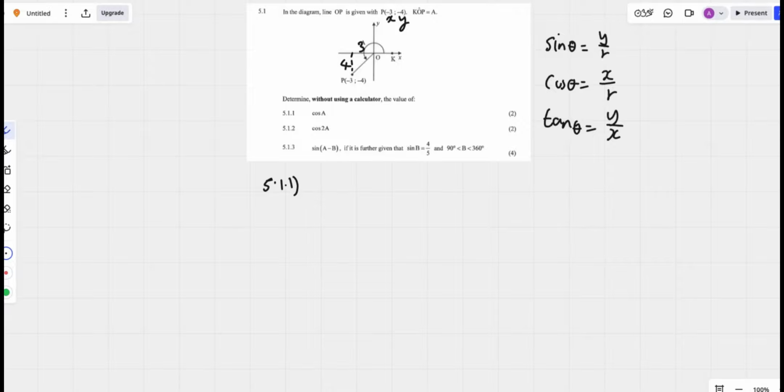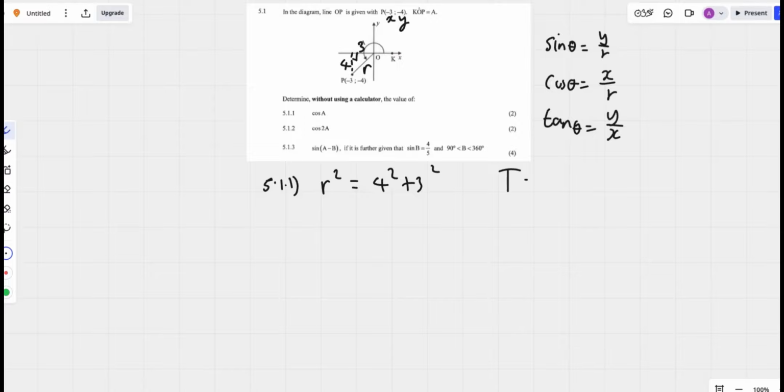So we are asked to find cos A. Now, cos A, as we see here, is x over r. So in order for us to get r, we need to work it out, and we can do that using the theorem of Pythagoras, since this triangle becomes a right angle triangle. We can say that OP, or in this case r, squared is equal to 4 squared plus 3 squared.